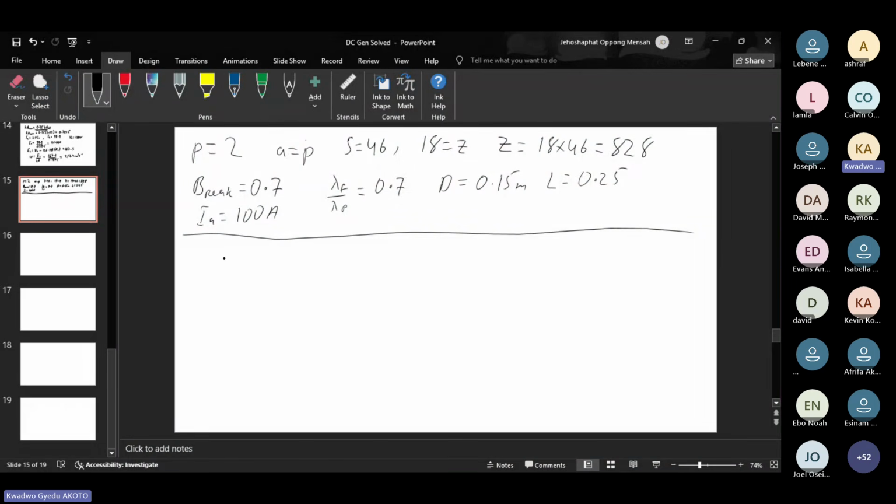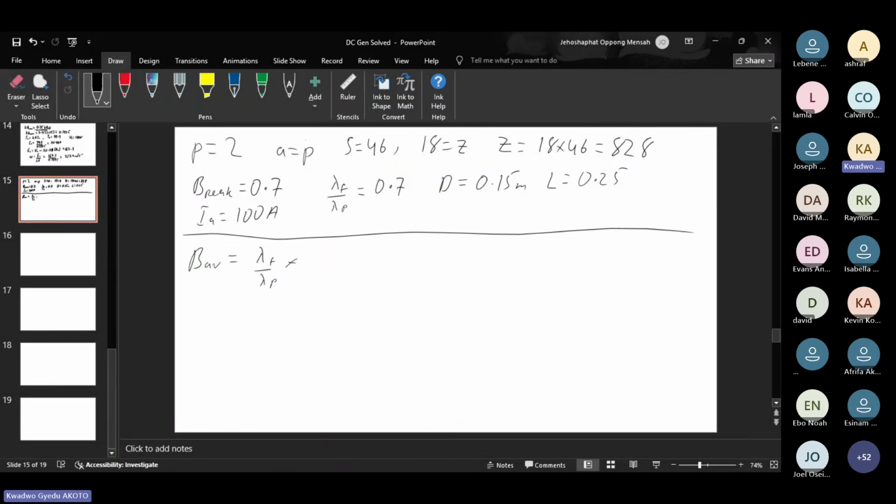Okay. So we have here our average flux, right? We've been given our peak flux, but we want the flux that is going to span from pole to pole. So that's going to be our average flux. B average is equal to lambda F on lambda P times B peak.